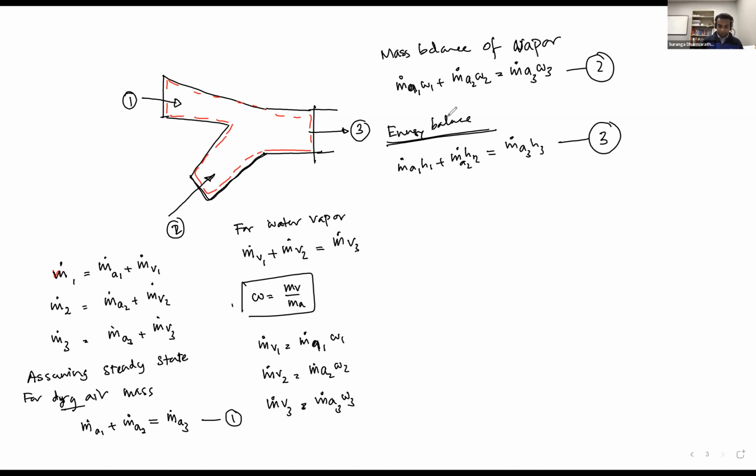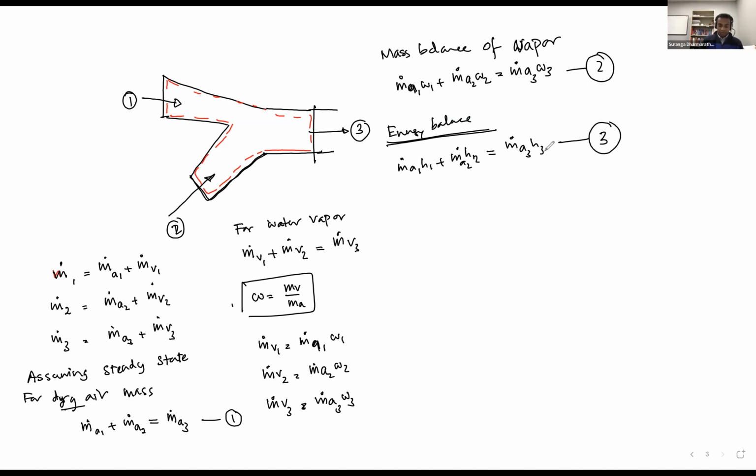Now, if we find m dot 3, instead of m dot 3, I can put m dot A1 and m dot A2. And then I can find omega 3, and then I can find H3.